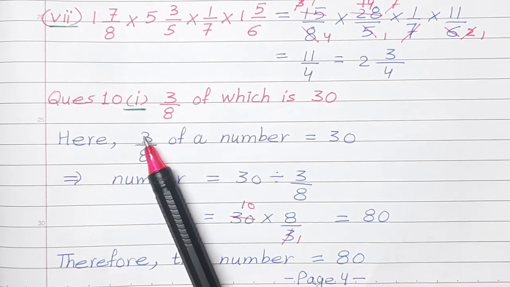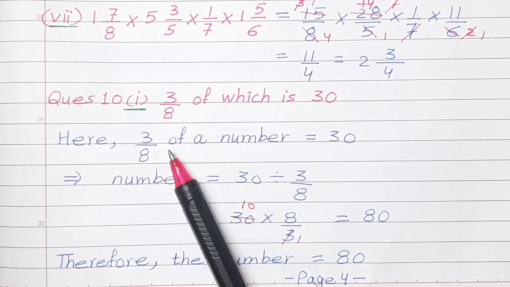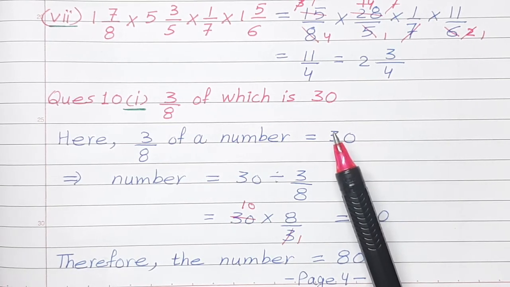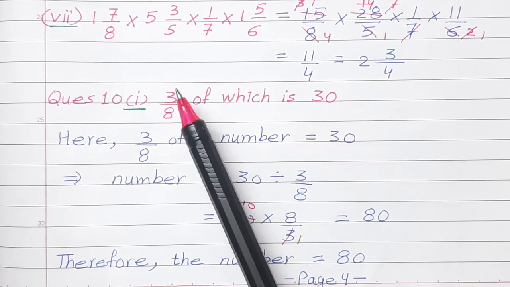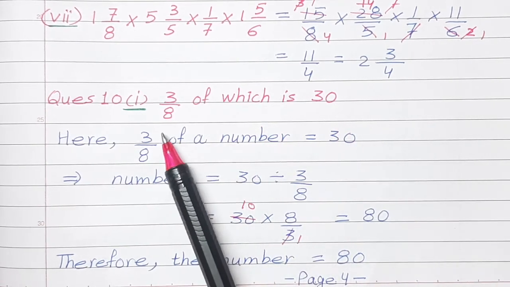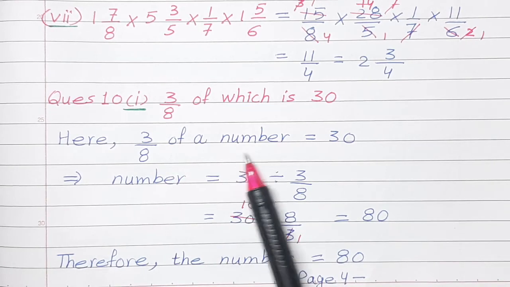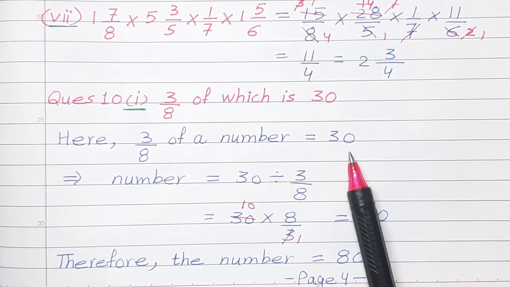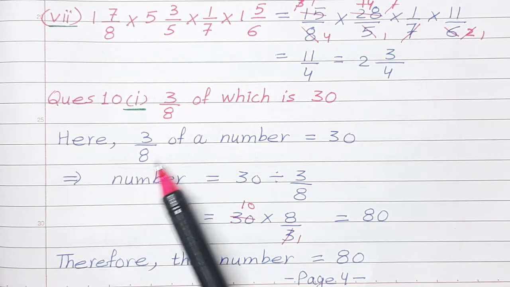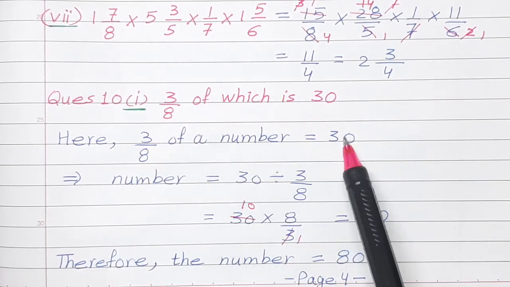Now see, question number 10 is 3 upon 8 of which is 30. That is, we have to find a number whose 3 upon 8 is 30. So 3 upon 8 of a number is 30. Right? Now I will consider 3 upon 8 and bring it to the other side.